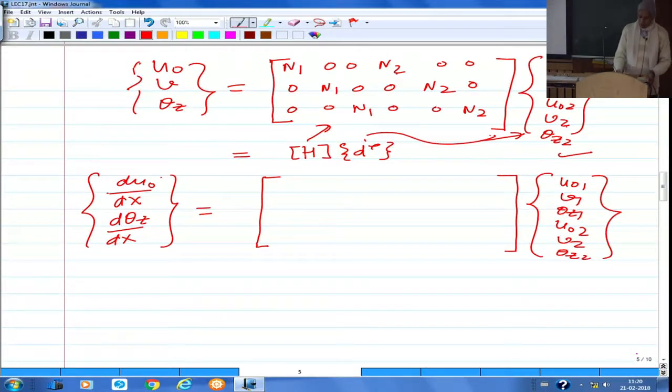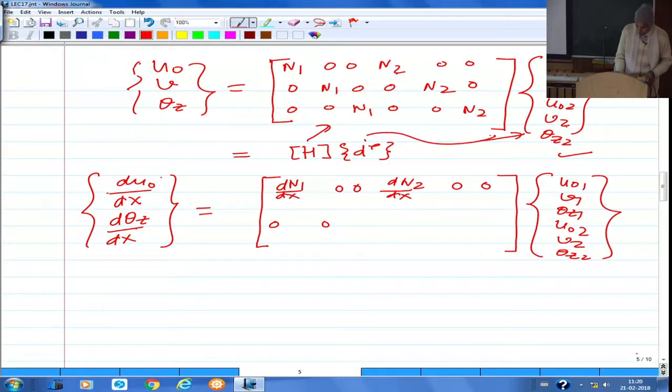So again du naught by dx is just the derivative, which is dn1 by dx 0 0, dn2 by dx 0 0. If you are writing a program to calculate this, you will have to first define these matrices, and then multiplication, integration you will have to do. So this is as far as du naught by dx is concerned.